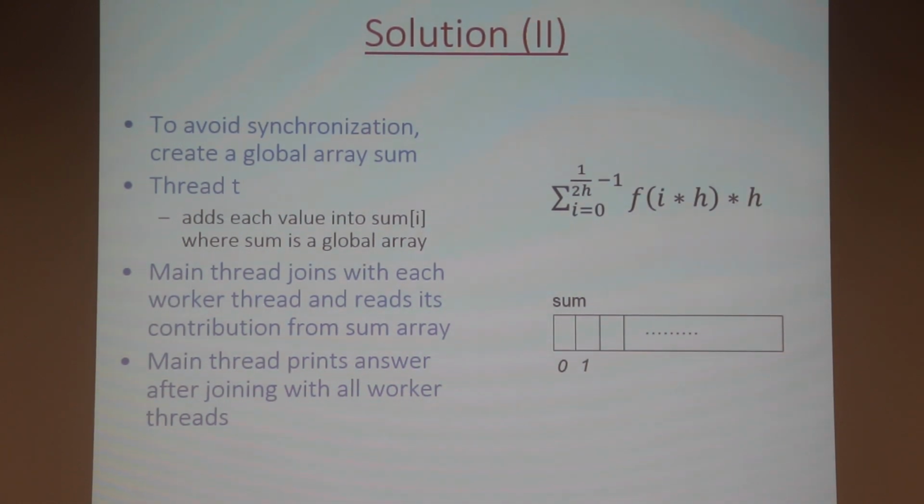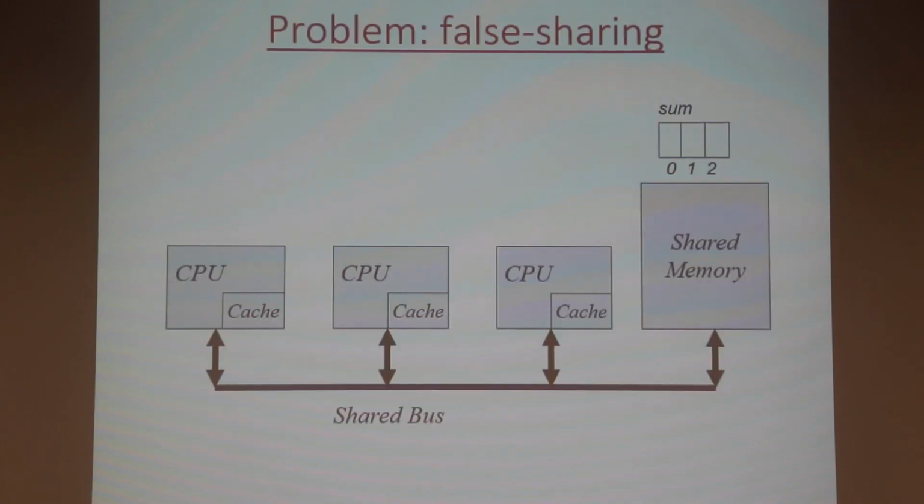Okay, and you're already seeing what the performance problem here is going to be, which is false sharing, right? So where is the false sharing coming from? Well, if I have 3 threads, and let's say this guy has 3 elements over here, every time this guy computes a value, it wants to write to it, so it's going to invalidate it from here, and this line will ping pong here. This guy wants to write to it, well, that line will ping pong here. So basically, this line will go ping ponging around all of your caches, and as I'll show you, your performance will really suck, right?